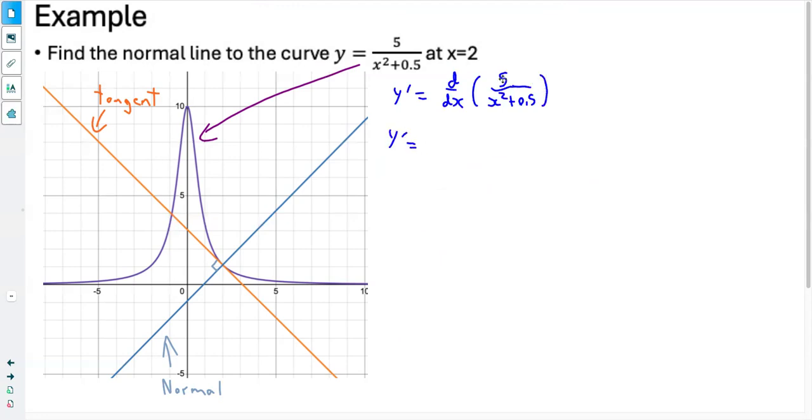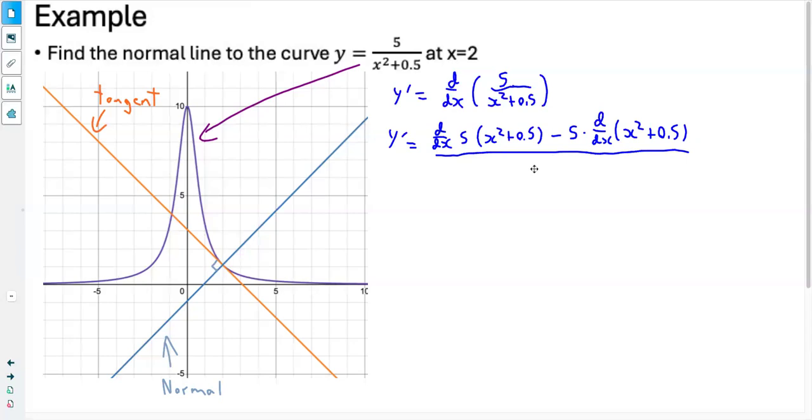So y prime is equal to the derivative of our numerator, so d over dx of 5, times our denominator, which is x squared plus 0.5, minus our numerator of 5 times the derivative of our denominator, so d over dx of (x squared plus 0.5), divided by our denominator squared. So (x squared plus 0.5) squared.